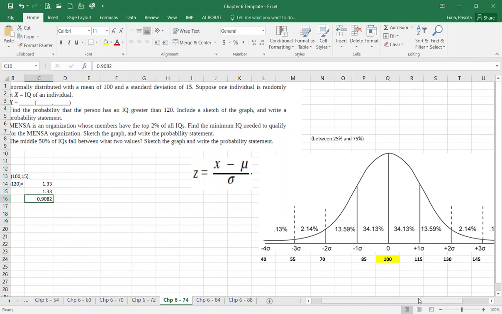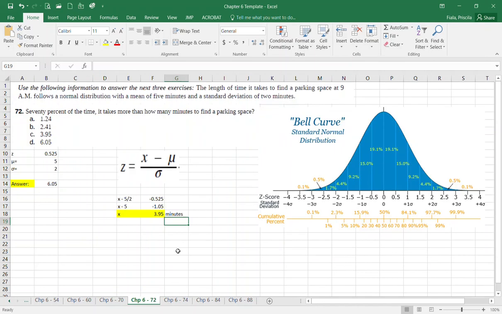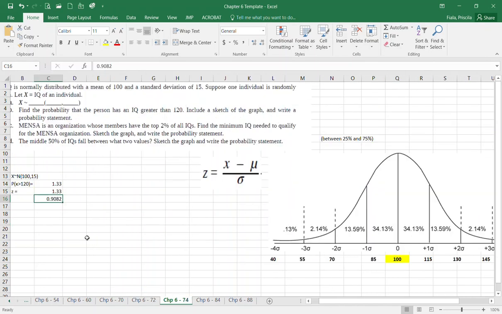No, you're not done. You just found that all the values up to 120 make up 90.82%. I'm asking you for greater than that, which was my mistake over here. So greater than that, we have to do the whole table as 1, because it's 100% minus this value, and there you go. That would be your result.